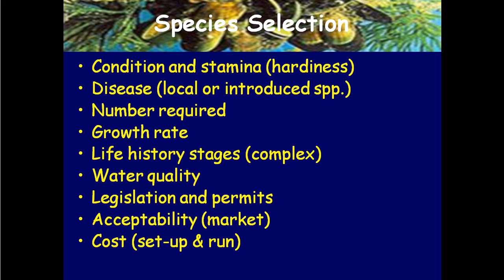Water quality. Okay, this is like oysters have had a bit of a problem in farms in Northland, because of the towns up there. The local councils have not been very supportive.